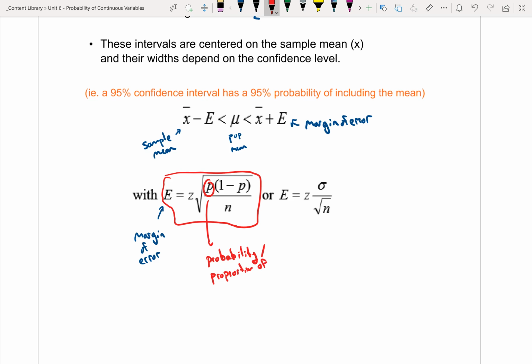So we've seen p before in other things, like p and q for binomial distributions. So p is just the probability of success, or the proportion of number of successes. And then z refers to our z-score, and n refers to the total number of data or items.